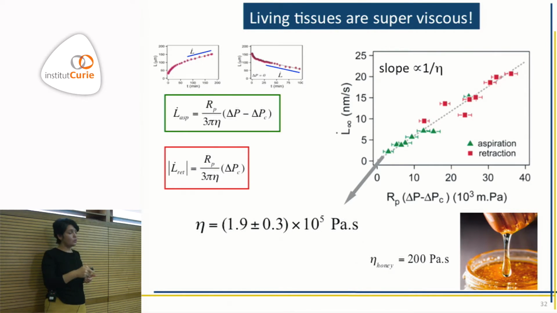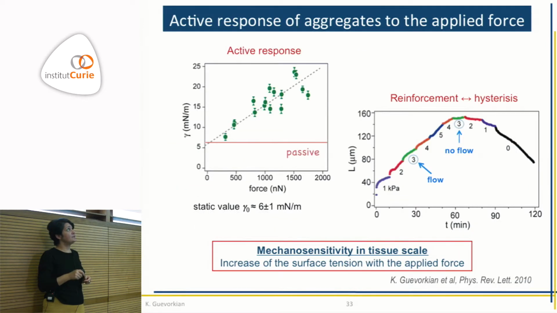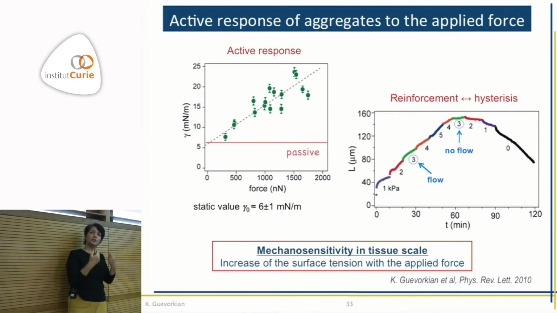But surprisingly, what we found is that the surface tension that we measured depended on the force that we were applying. If I had an inert material, that surface tension should be a constant, and it shouldn't vary with the force that we apply. But in these tissues, we saw this. We explained it by the fact that upon application of a force, your cells react.